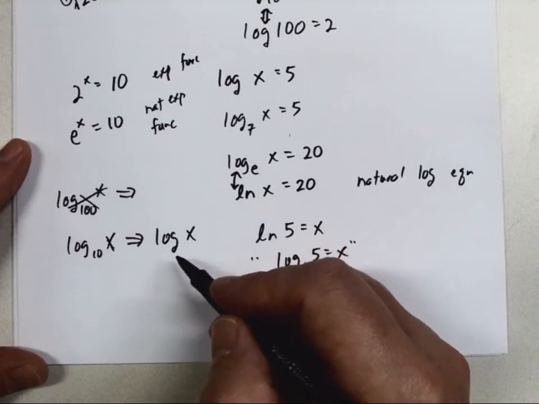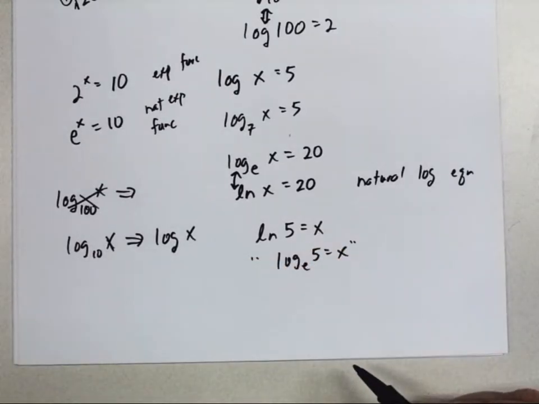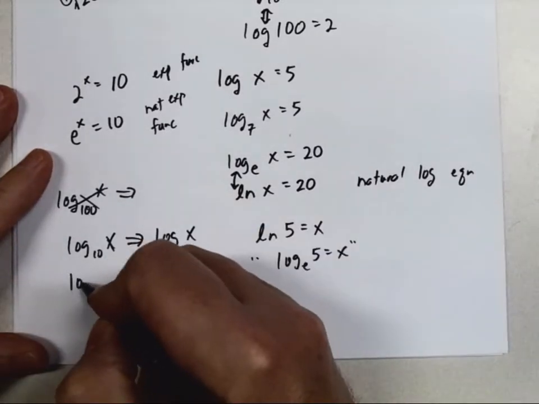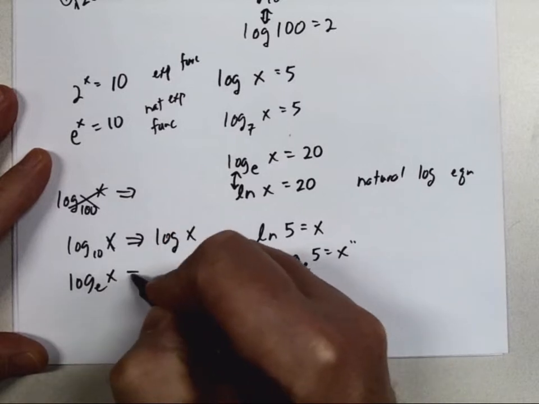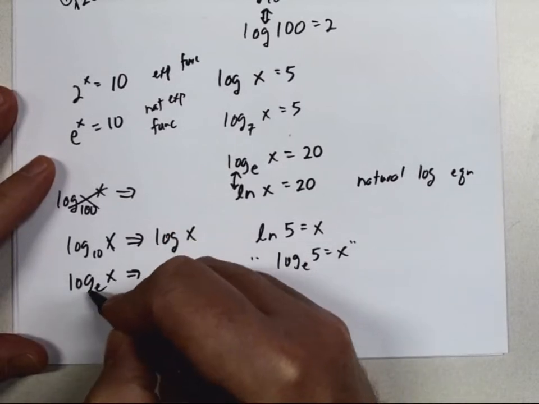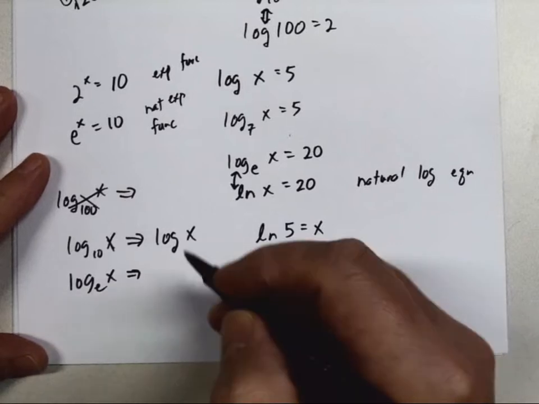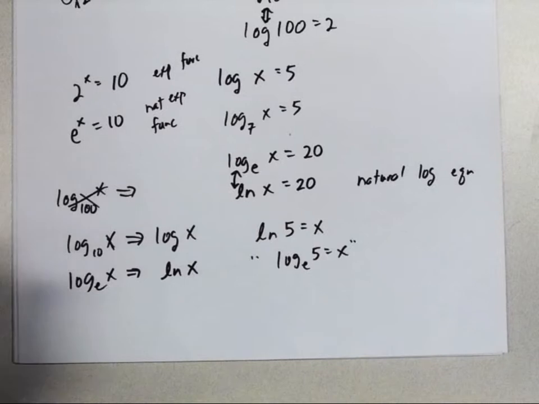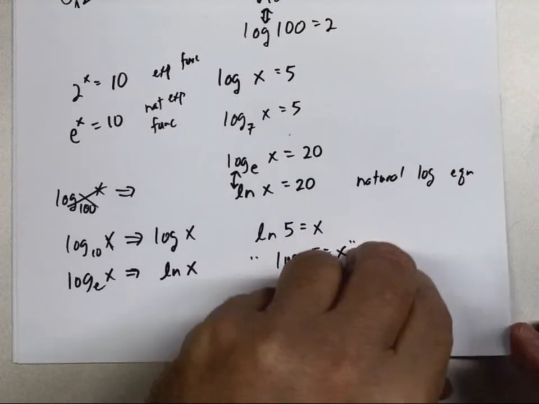So if you hear me or someone else say common log, you know it's log base 10. And the other special log, log base e of x, you're not going to see it written that way. Instead, it's written this way, and we call this the natural log of x. All right, so that's some definitions of logs and some of the special logs.